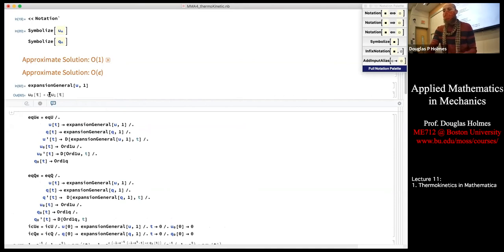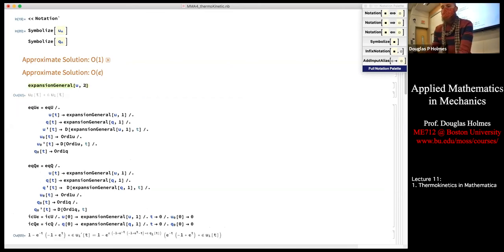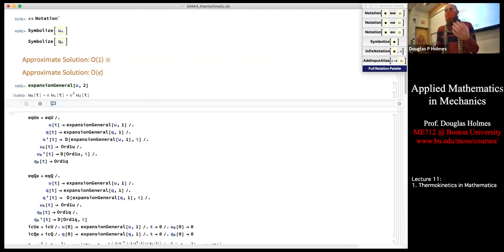In this case, we're interested in order epsilon 1, so we stopped at order epsilon 1. At the next order, we'd do epsilon 2. This is the first expansion that we use. This is a power series expansion that we use as our guess at the solution that we're going to insert into our original equation.